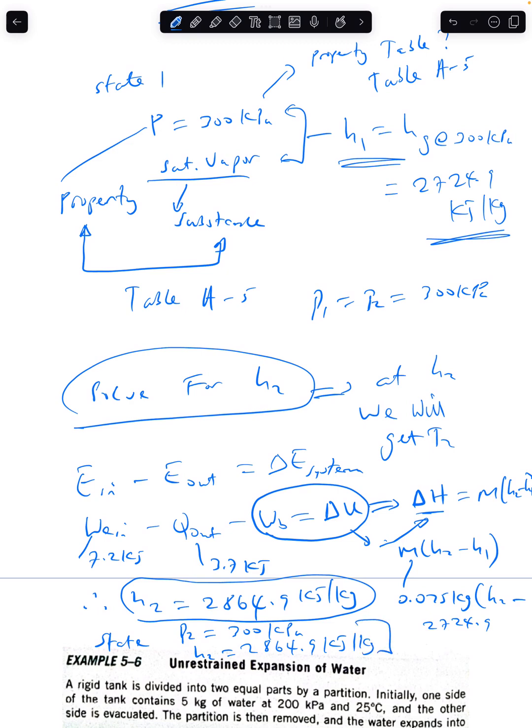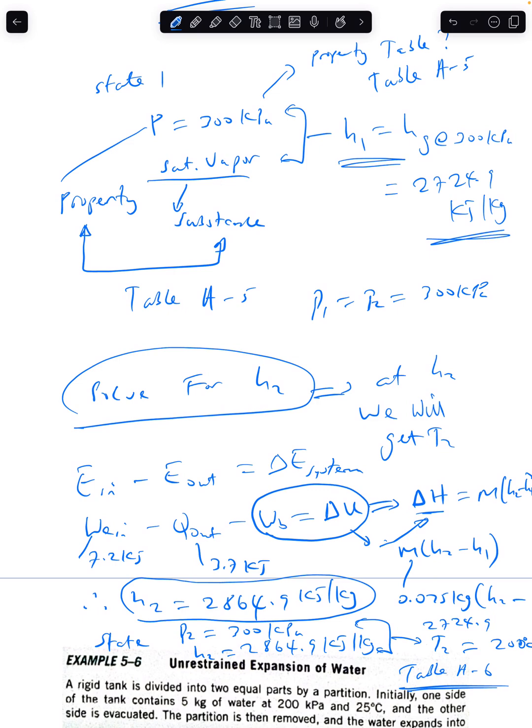With these two of them, I will be able to get T2. And that T2 is 200 degrees Celsius, from table A6, which is the correct table for that.